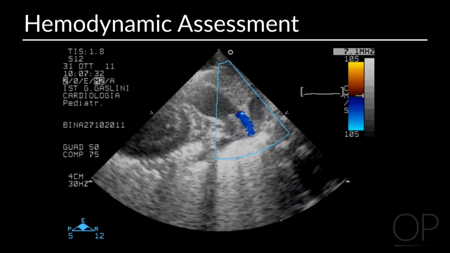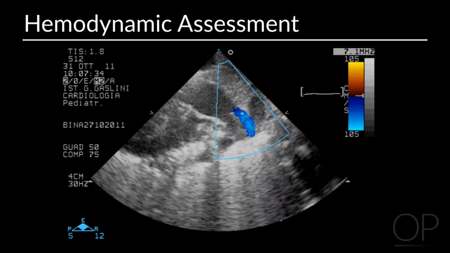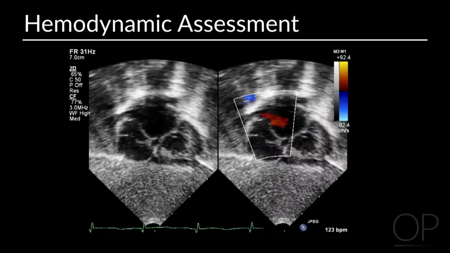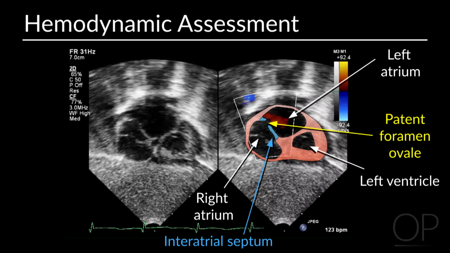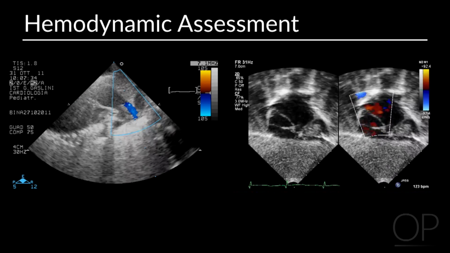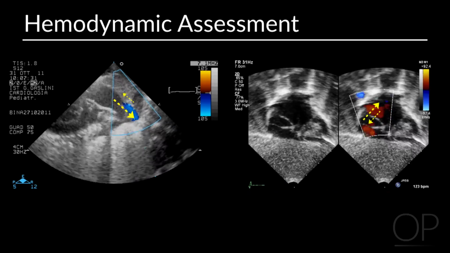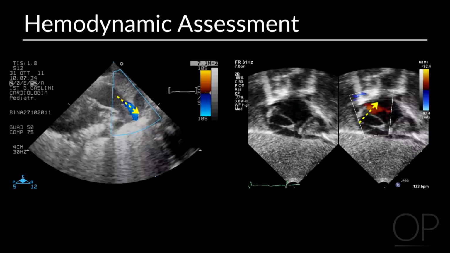When dealing with a baby with pulmonary hypertension, it is extremely important to have a careful cardiac echo assessment. Usually we look at the shunt towards the ductus arteriosus and the foramen ovale, which could be bidirectional but with a prominent right to left component, or exclusively right to left.